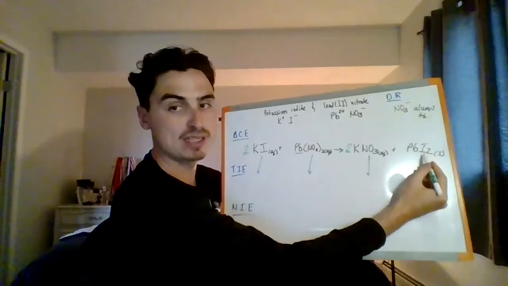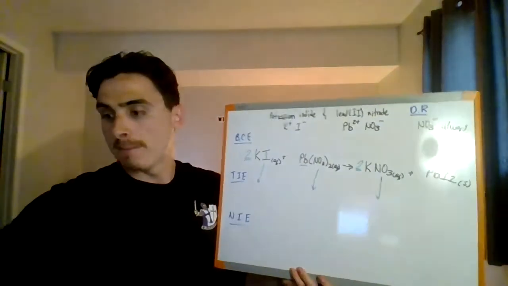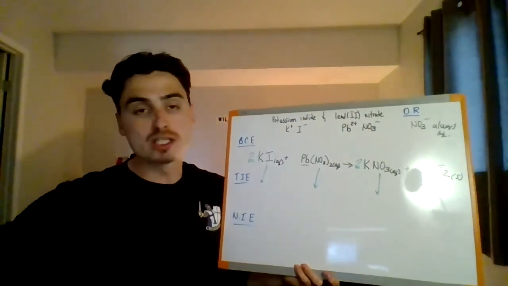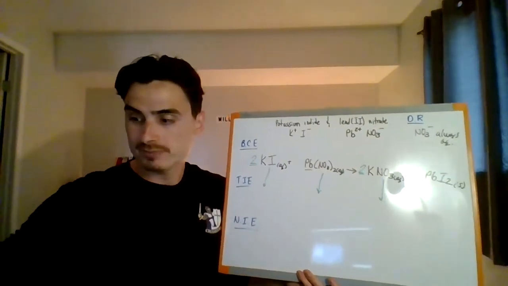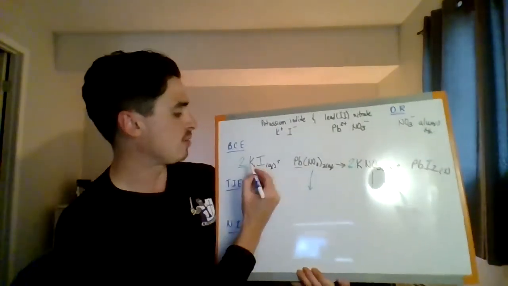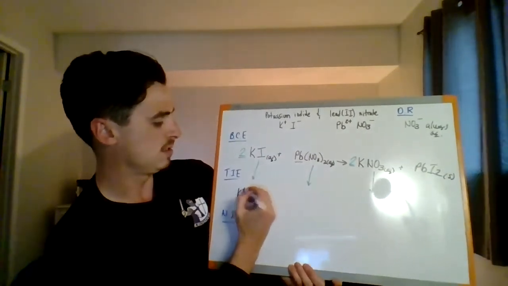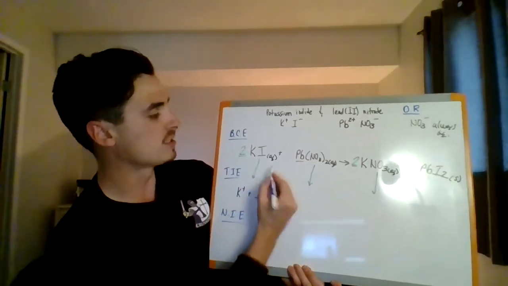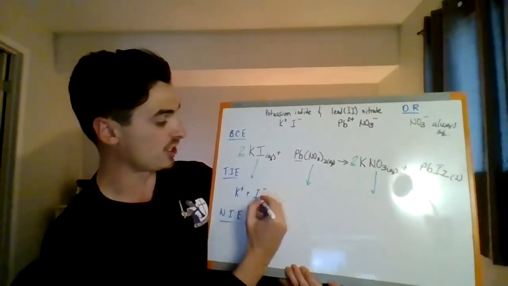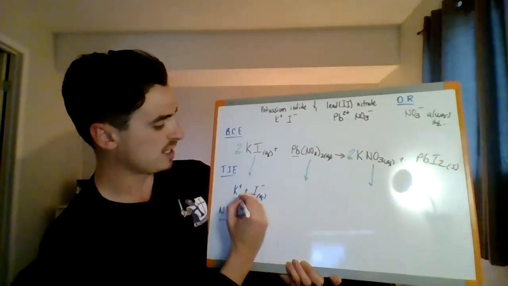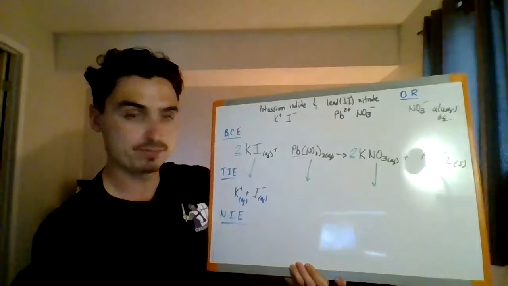I will not break down PbI2 because it is a solid, and solids are untouchable. So if I break down KI, I'm going to get K plus and I minus. They were aqueous, so they're going to stay aqueous because they are dissolved in water.